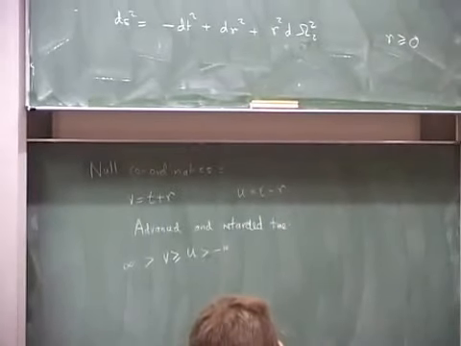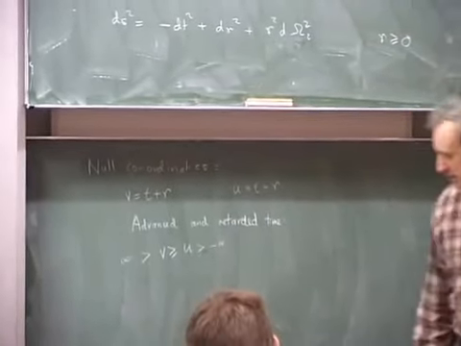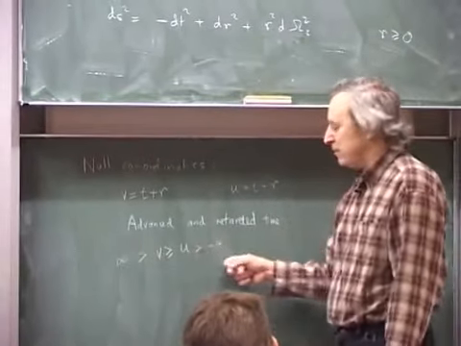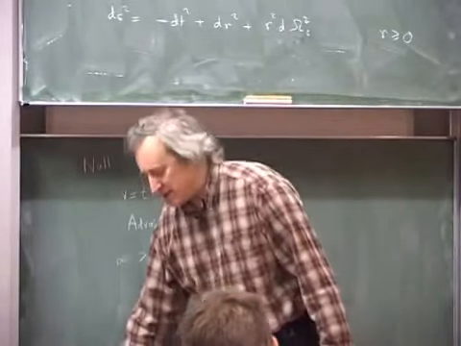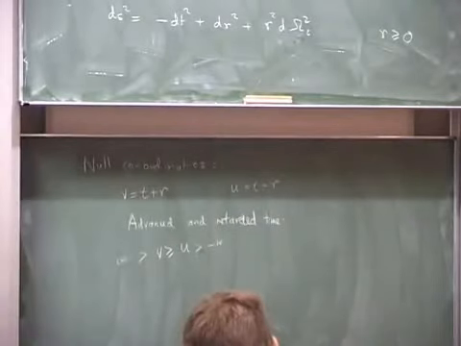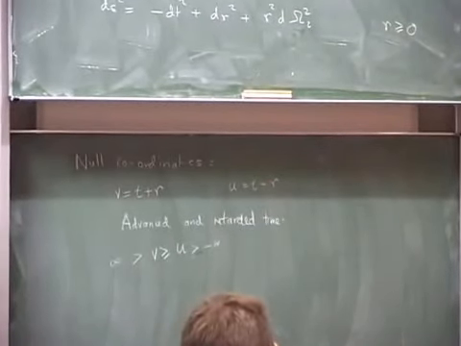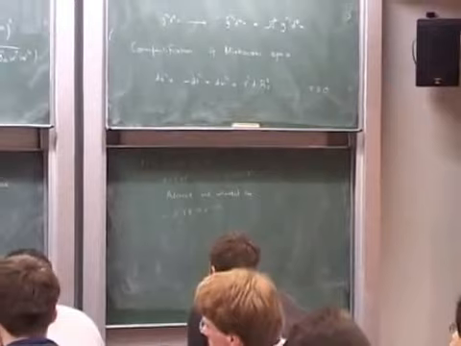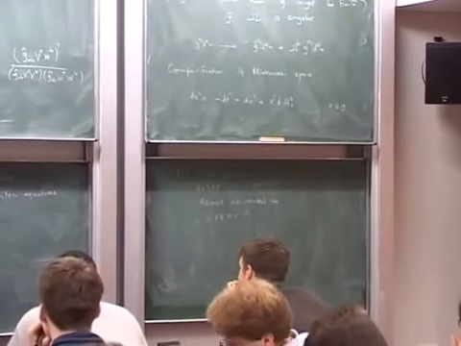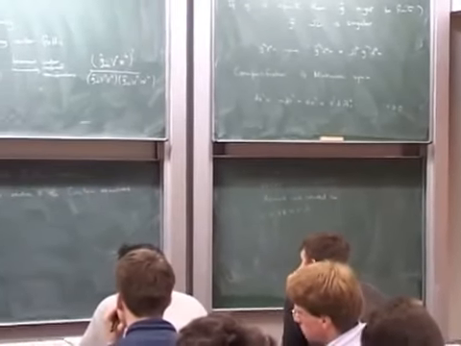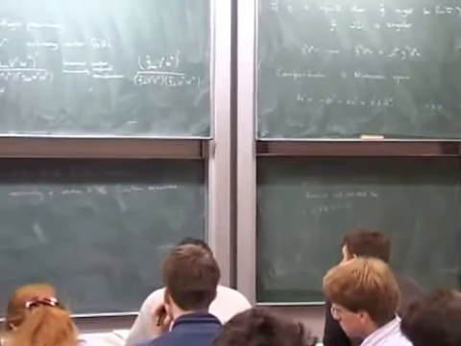Now, if you want to map all of Minkowski space, where the range of V and U is infinite, into something of finite extent, it is silly to use the coordinates V and U because they have infinite range. It is much easier to use coordinates which have finite range, so then you actually stand a chance of being able to do what you want to do.